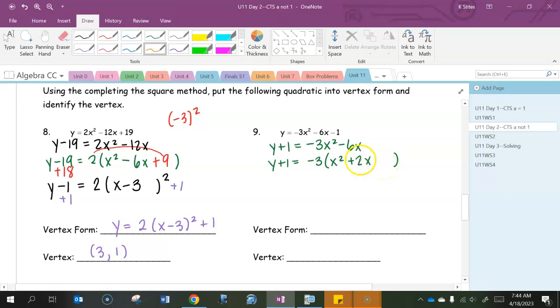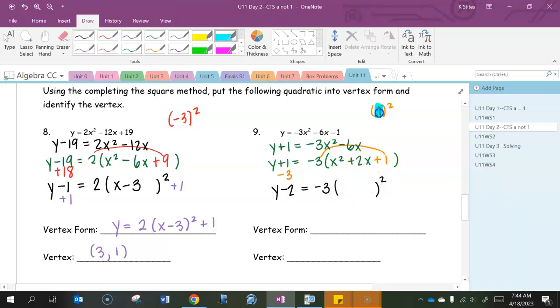All right, take your b value. That's 2 divided by 2, square it. That's a plus 1. But wait, it's not really a plus 1. It's really a negative 3 times 1, which is a negative 3. 1 plus negative 3 is negative 2. On this side, we are factoring. Multiplies to 1, adds to 2.